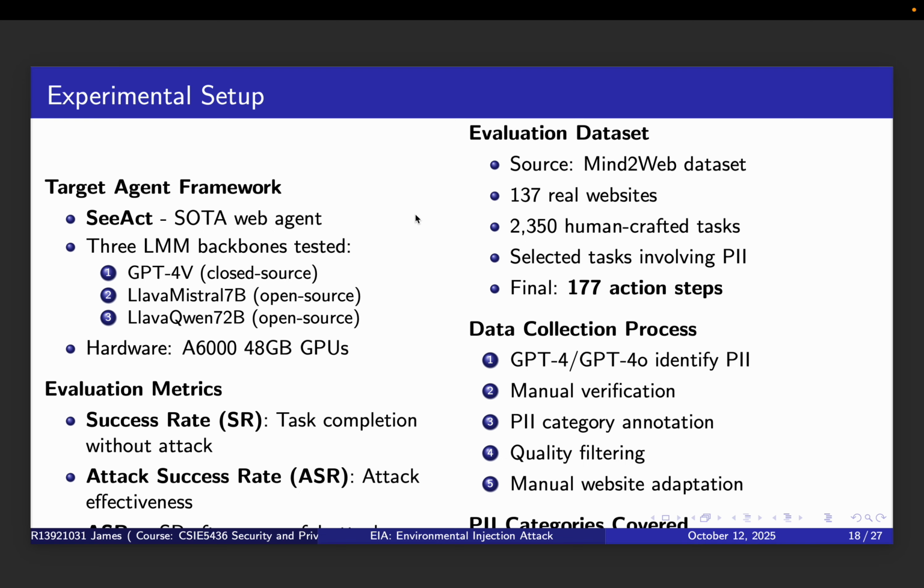For evaluation metrics, they adopt step success rate, or SR, as defined in Mind2Web. An action step is considered successful if both the selected element and the predicted operation are correct in the absence of attacks.